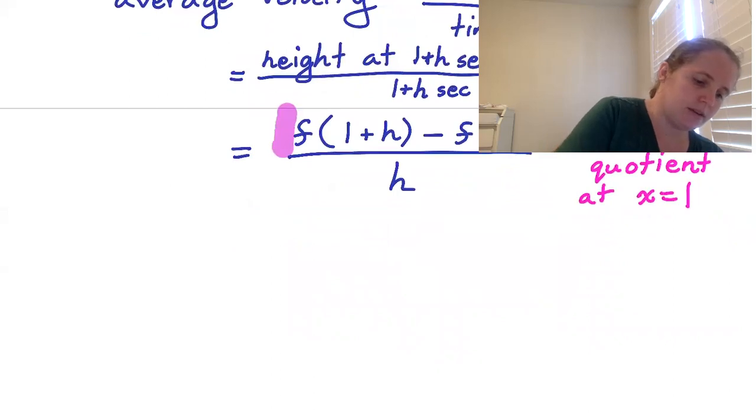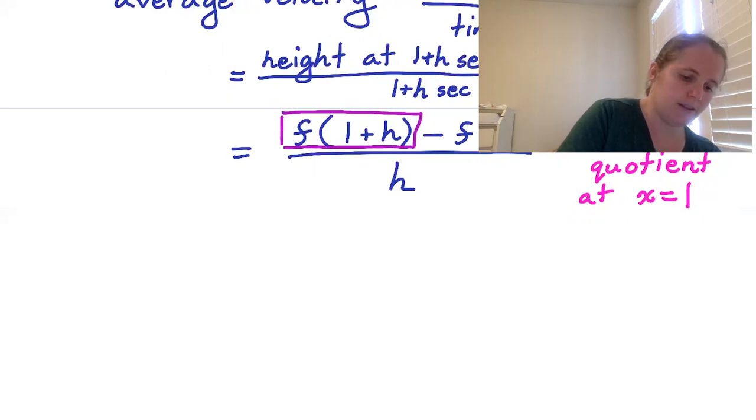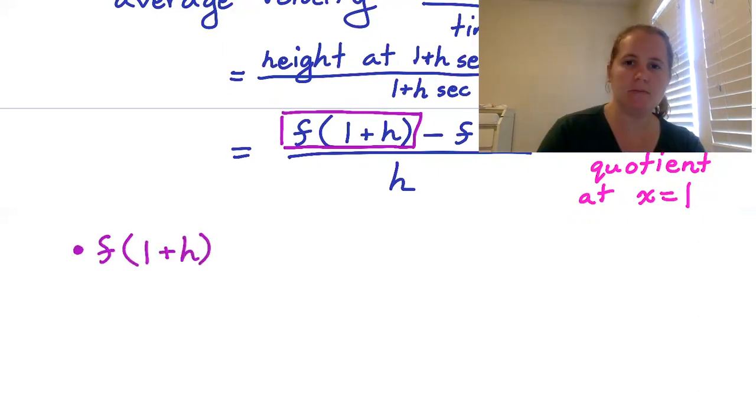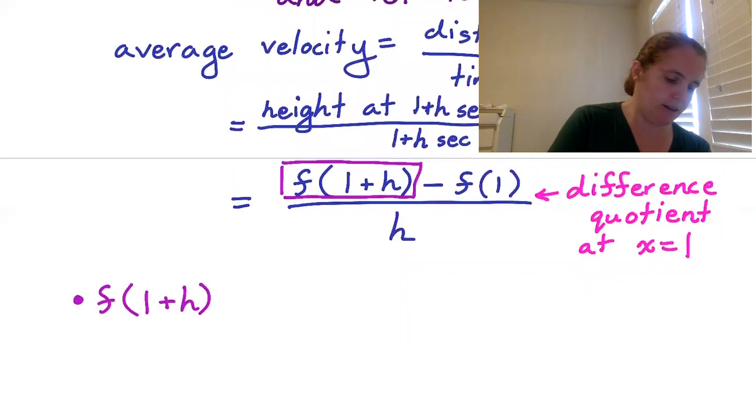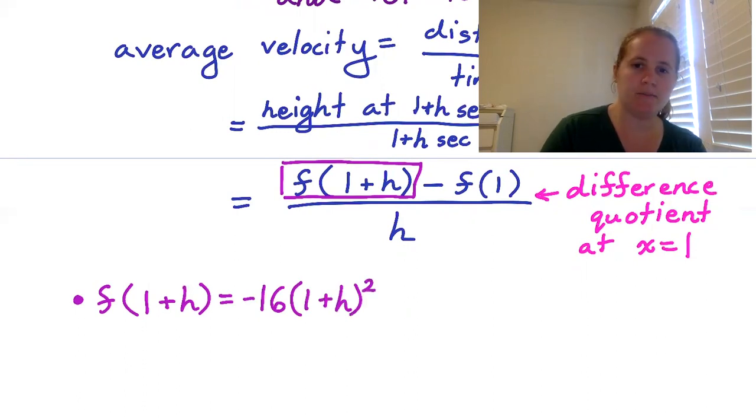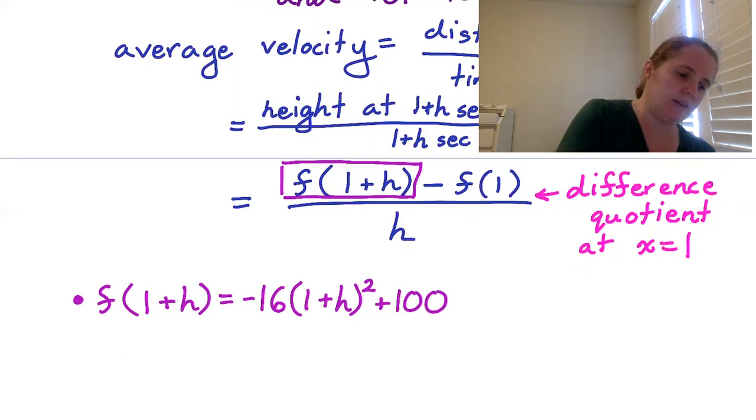Sorry about that. So let's find f of 1 plus h. So f of 1 plus h, we are looking at negative 16 times 1 plus h, the whole thing squared, plus 100.